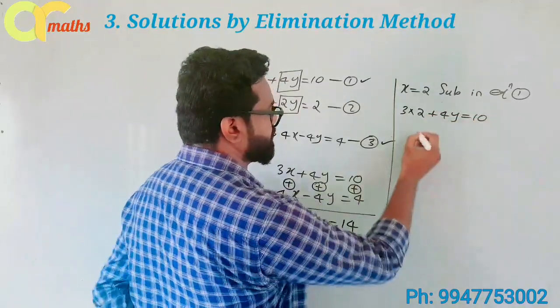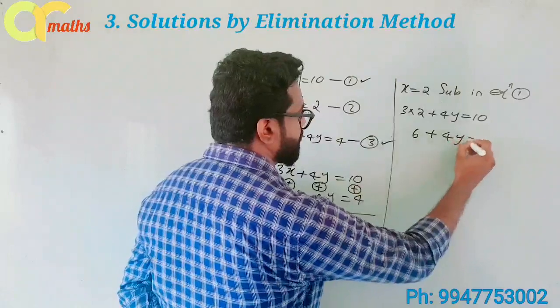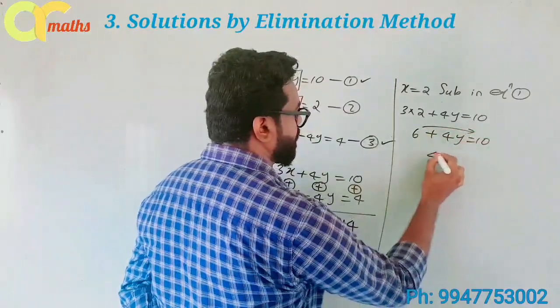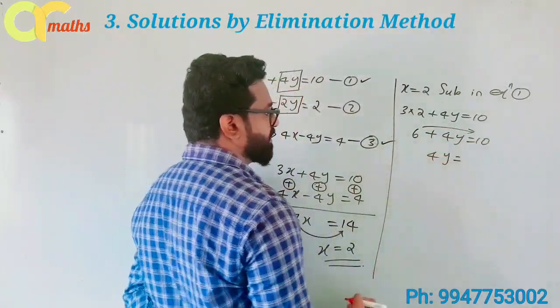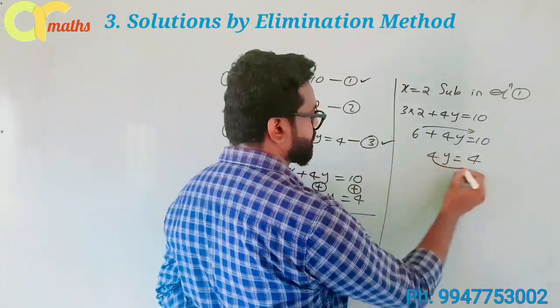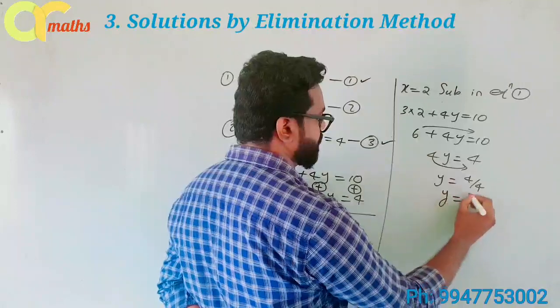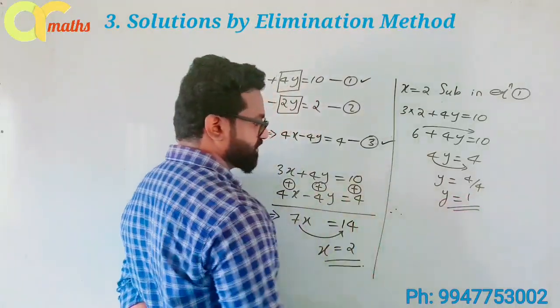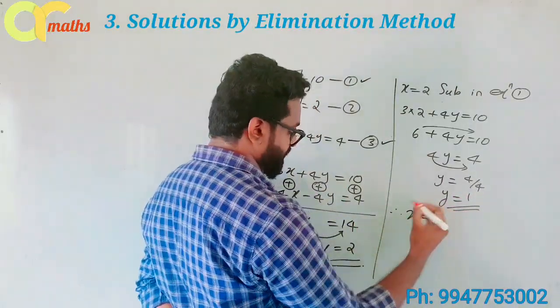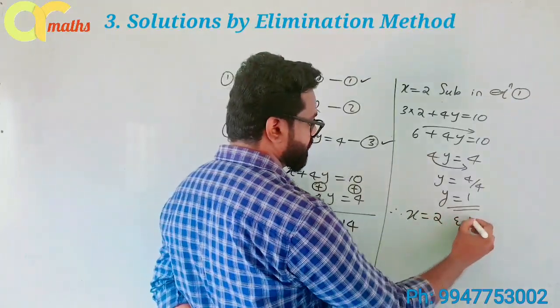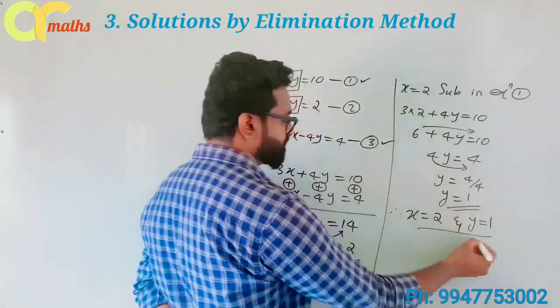We know 3 into 2 is 6. 6 plus 4y equal to 10. Then 4y equal to 10 minus 6, that is 4. Then y equal to 4 divided by 4. y equal to 1. Therefore, the value of x is 2 and the value of y is 1.